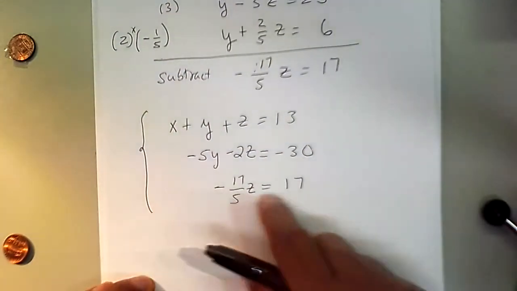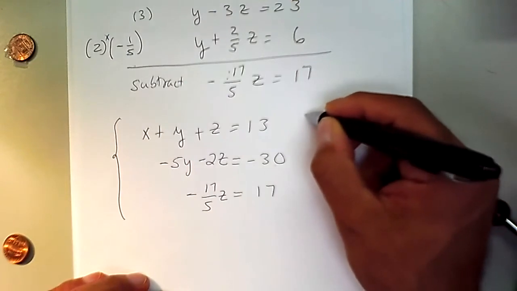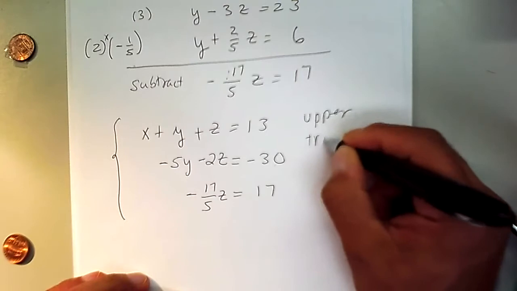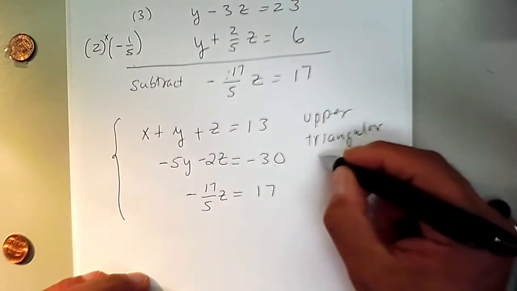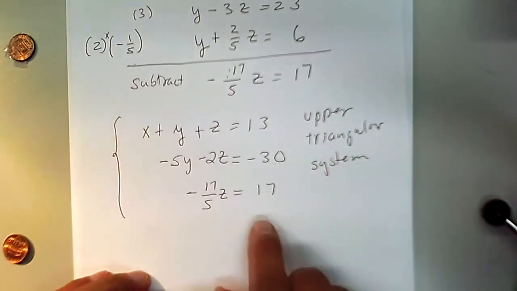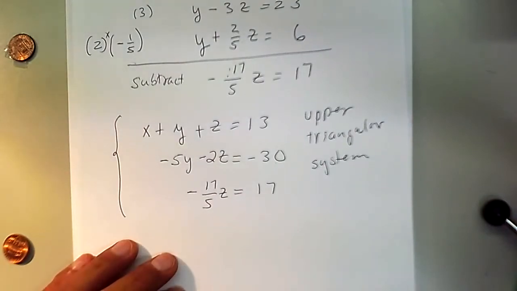So this is the upper triangular system. If we were asked to find the upper triangular system, stop here. You don't want to continue any further.